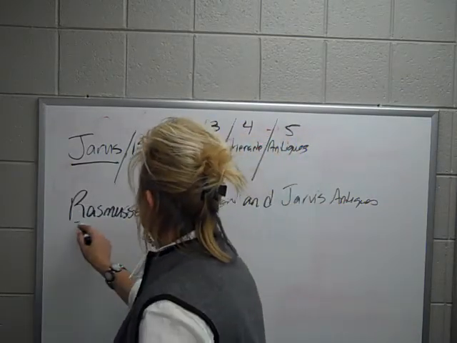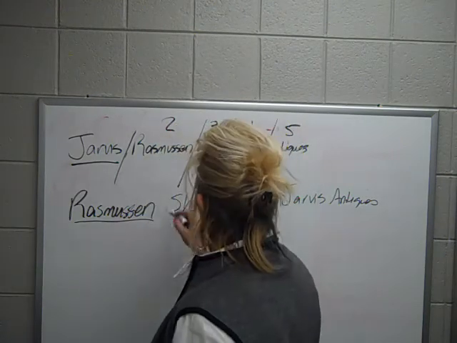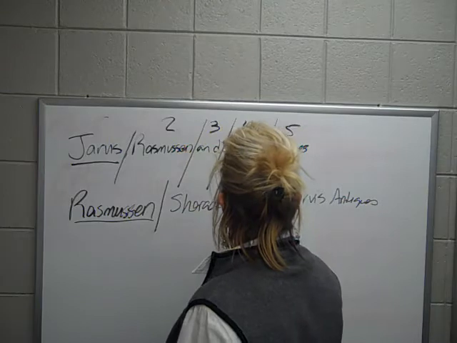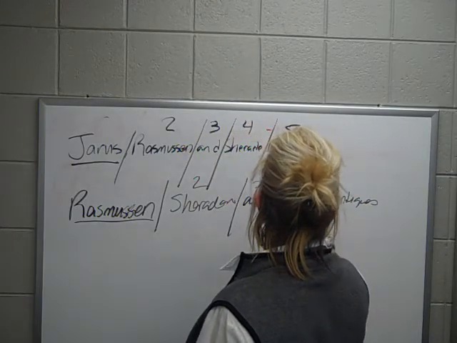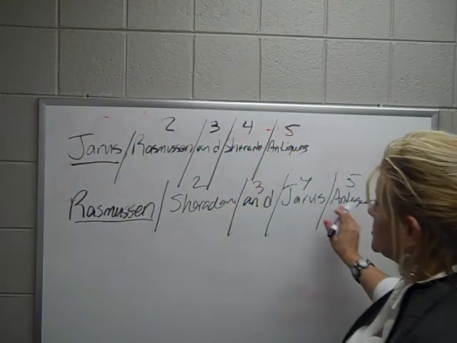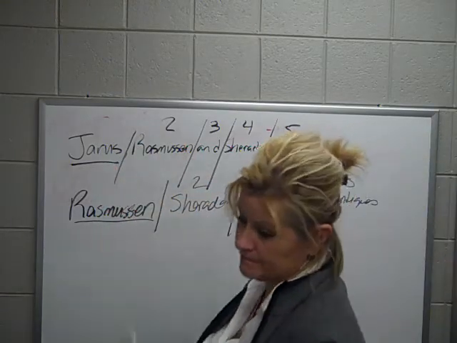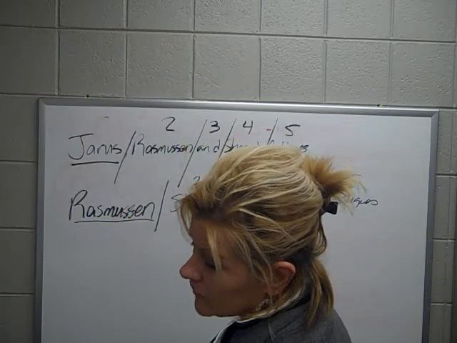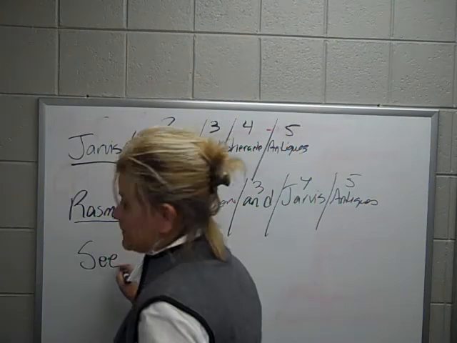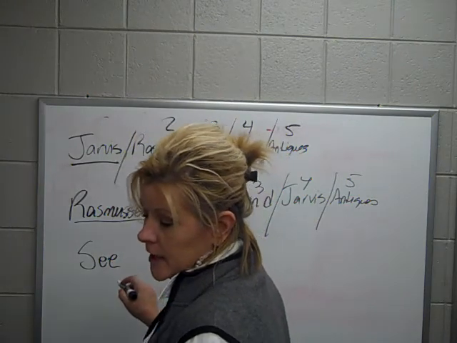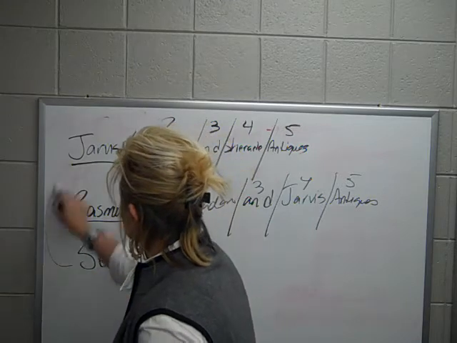So Rasmussen is going to be what we file this one under, and we're going to put all our diagonals, and then we're going to number them. So we still got 5 units because there's 6 altogether, but we're just going under the R's this time. Okay? And then we're going to see the actual original name, which is this right here.